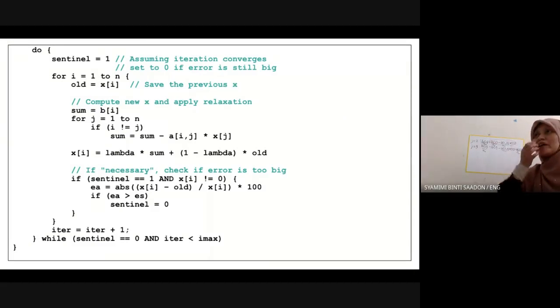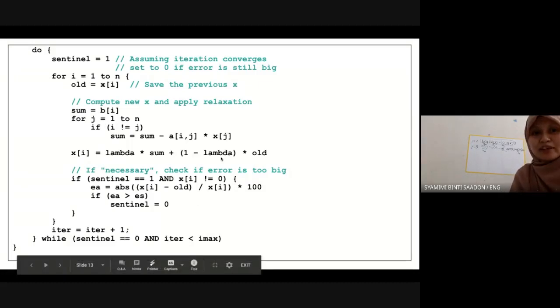Further, if we want to make sure the solution x that we have has less error, then we put a value that we call lambda.